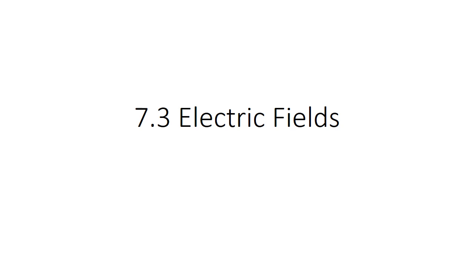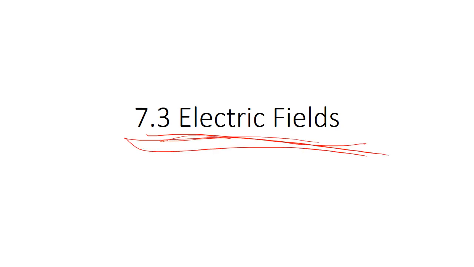Okay, so today we're going to be talking about electric fields. This is going to be creating a version of what we did yesterday with the Coulomb's law fun stuff.